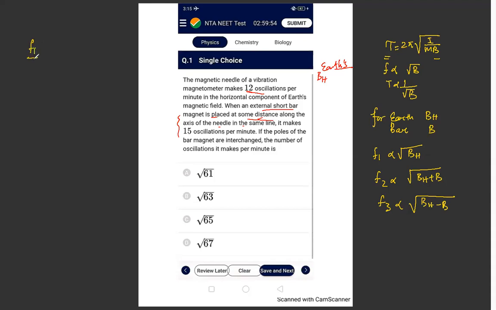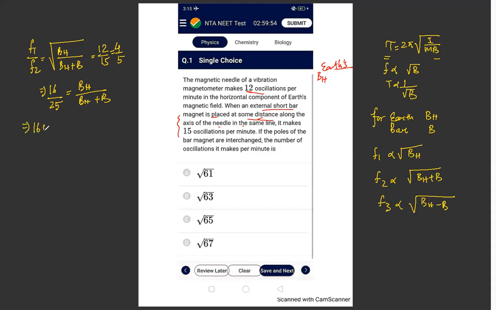So F1 by F2 is equal to the square root of BH by BH plus B, which is equal to 12 by 15. On simplification, we get 4 by 5. Let's square it. So 16 by 25 is equal to BH by BH plus B. This gives us the relationship between B and BH.